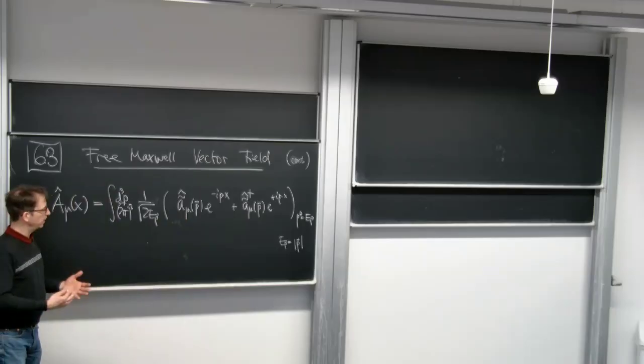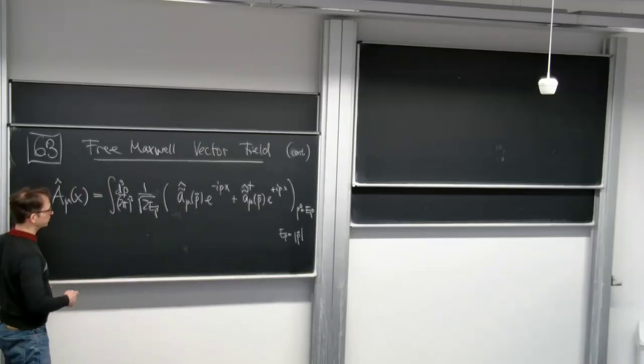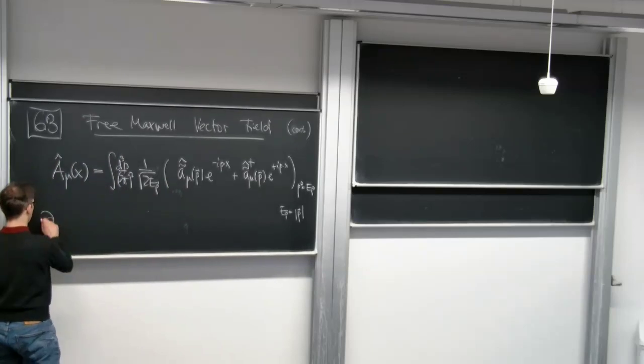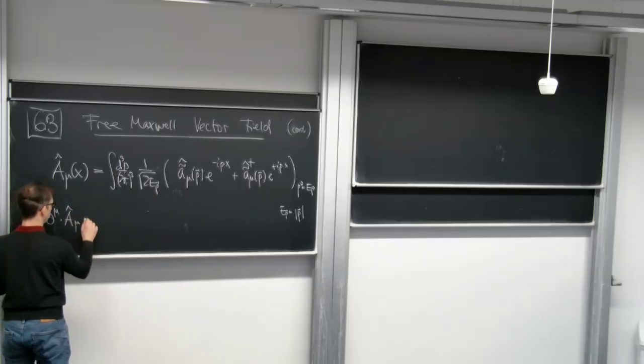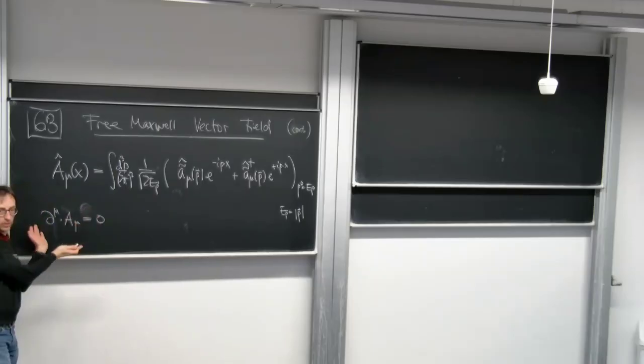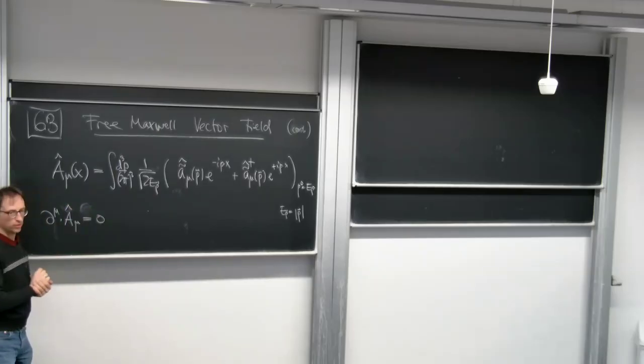We want to also have in some sense a solution to the constraint. So we want the Lorentz condition to be satisfied somehow, at least classically. That's what we had: the Klein-Gordon equation plus this. So now we have to do this for the operator as well.